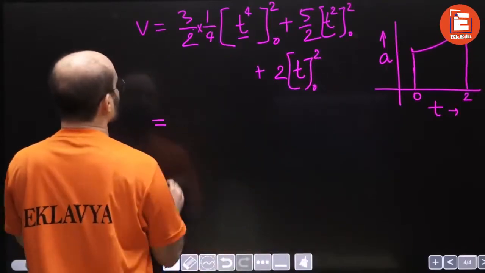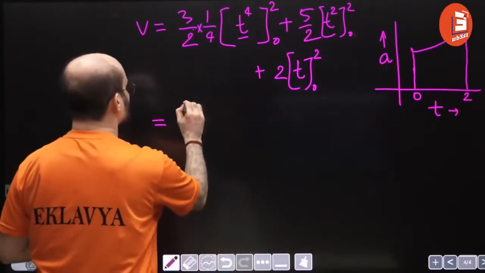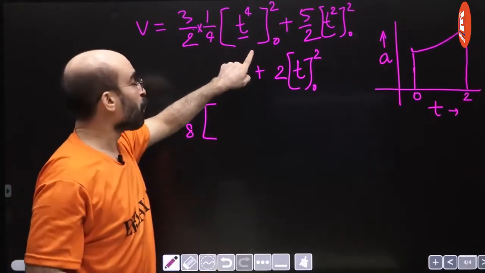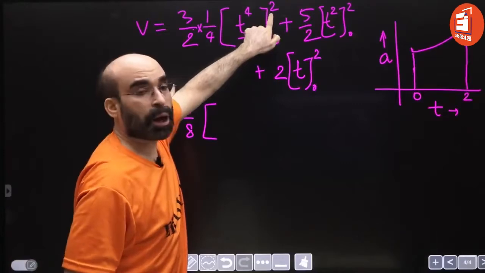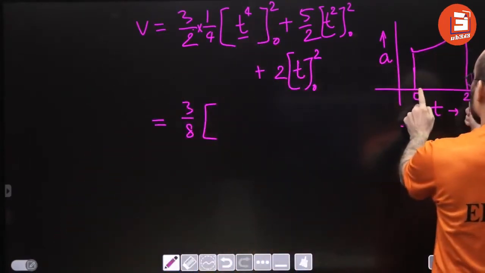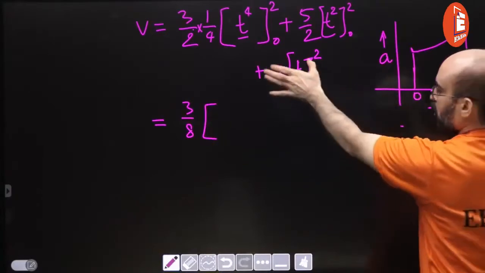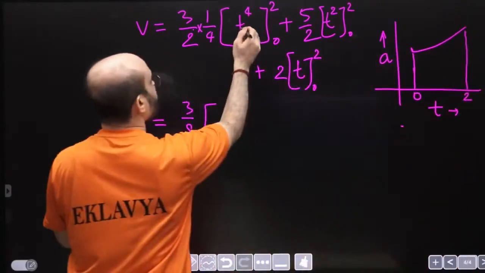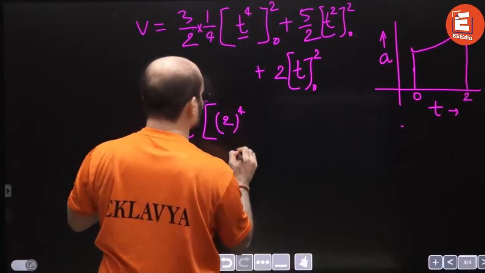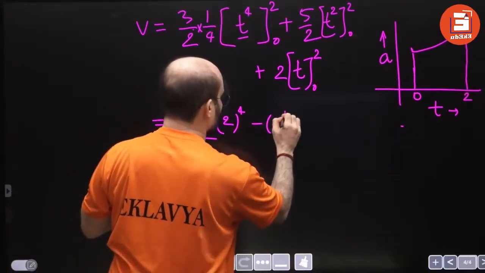The final result would be 3 by 8 into, just have a look. First of all, we will put the upper limit: 2 minus 0. In this manner we will do it. Put the value 2 here, whatever the exponent is, minus 0 raised to power 4.